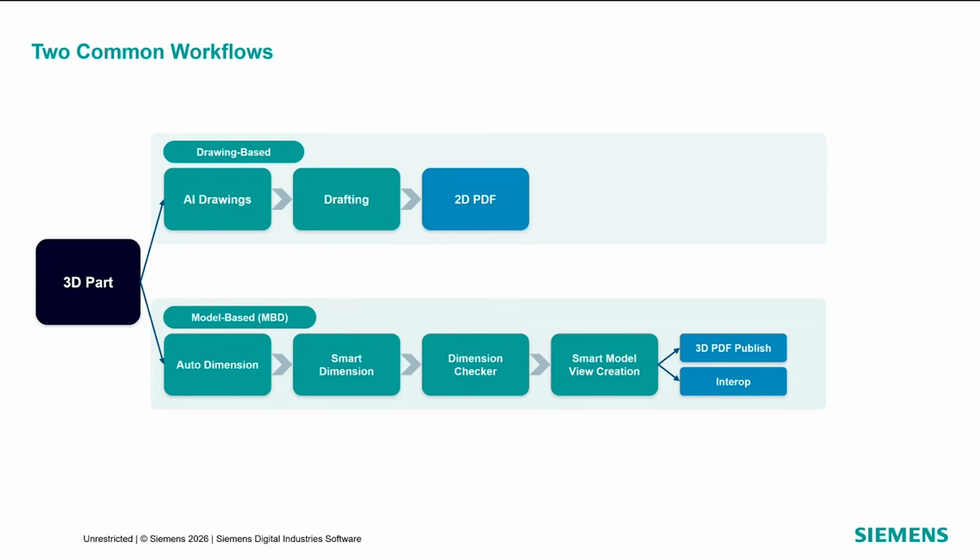And on the model-based definition side, once you are done with annotating and adding the PMIs on your model, you either take it to a 3D PDF instead of a 2D PDF, or you can take that part downstream through other Designcenter applications for things such as CMM, VSA, or so on, depending on your need.